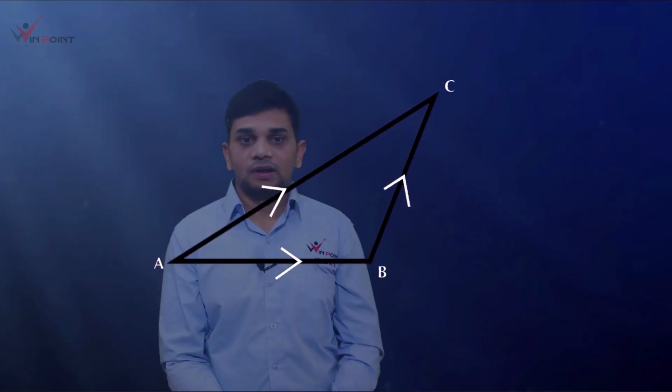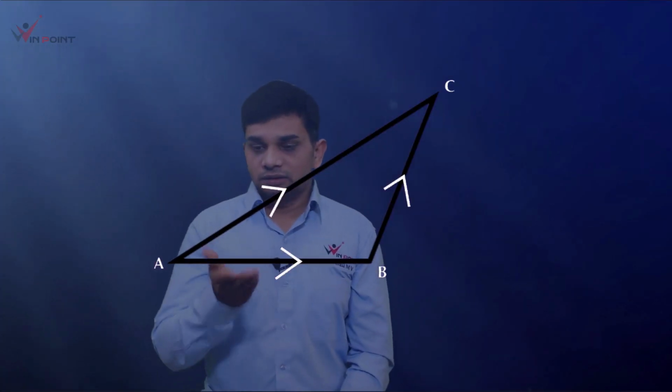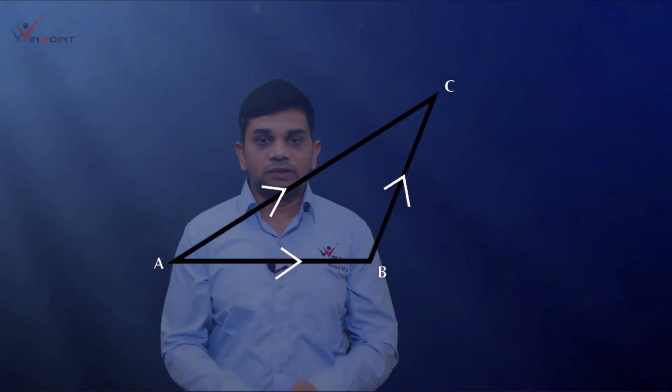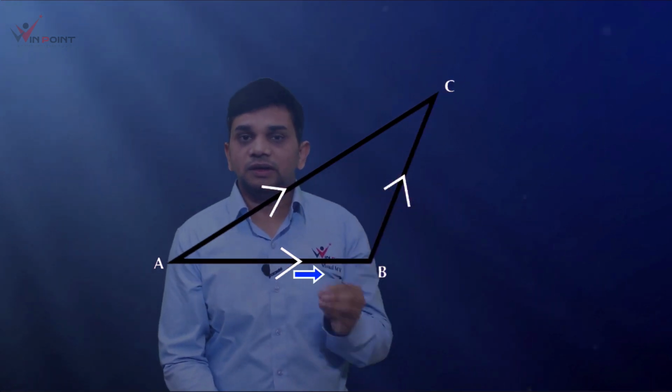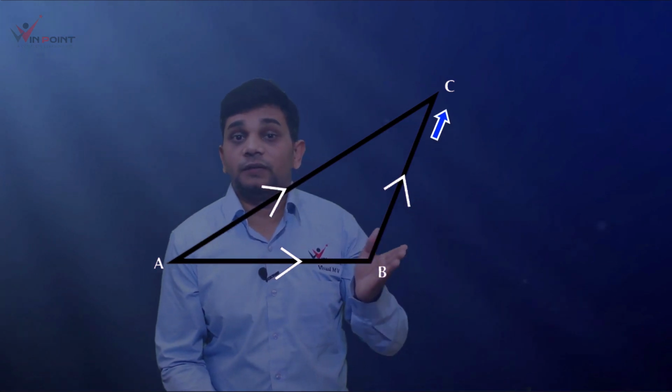Before starting this discussion, you need to be very familiar with the triangular law of vector addition. If you don't have any idea about that, don't worry, we are going to discuss that first. Here you can see a triangle. This is AB, and it is BC. AB and BC are two vectors, and these are the sides of a triangle.